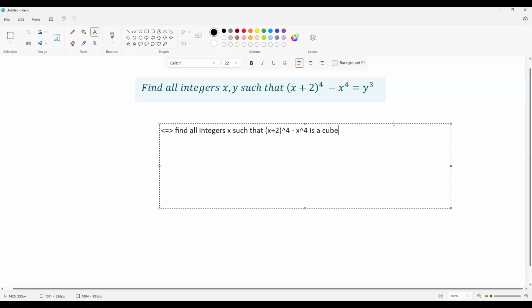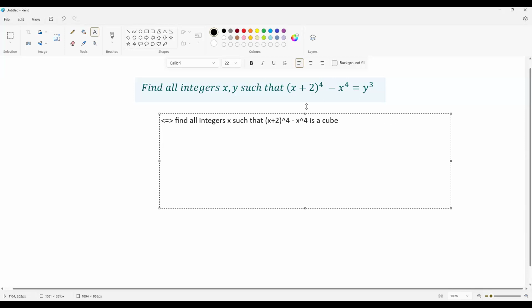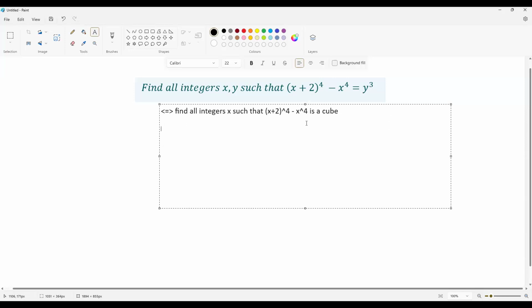The other thing we might notice is we can try expanding the left-hand side.